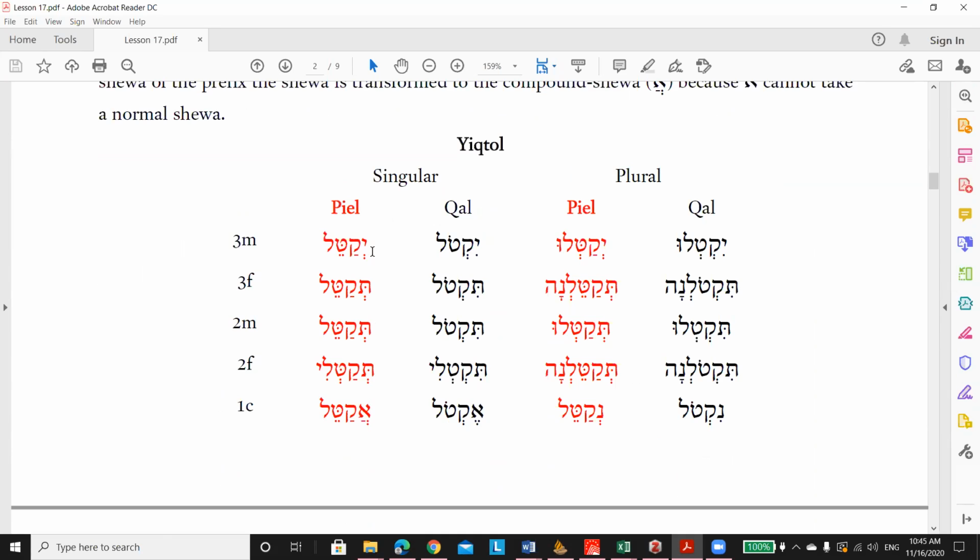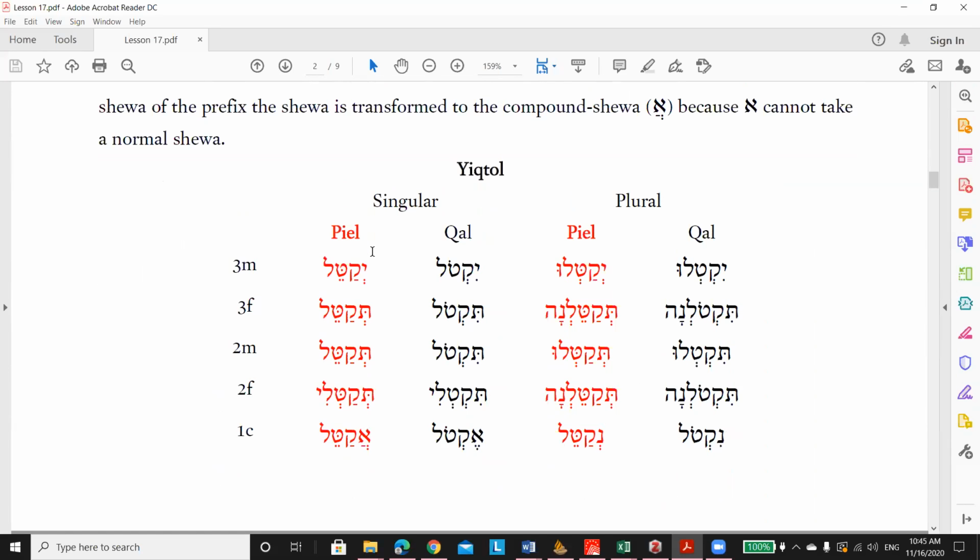Excuse me, Prof. It seems like the translations that you are giving are very similar to the translation for the kal. As I told you, we will see it a little bit later. So the difference between these stems. But your question is very good. What happens in most of the cases is that the verbs that occur in PL do not occur in kal.